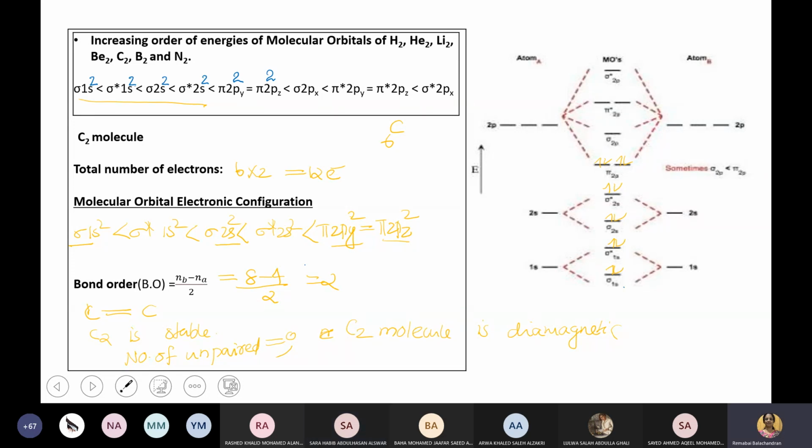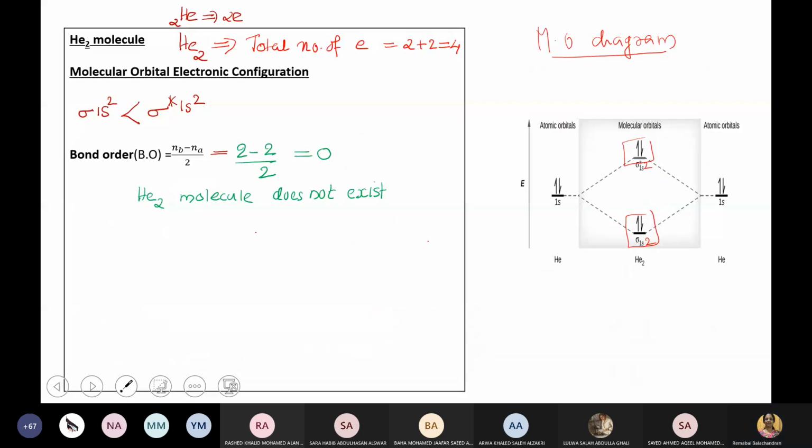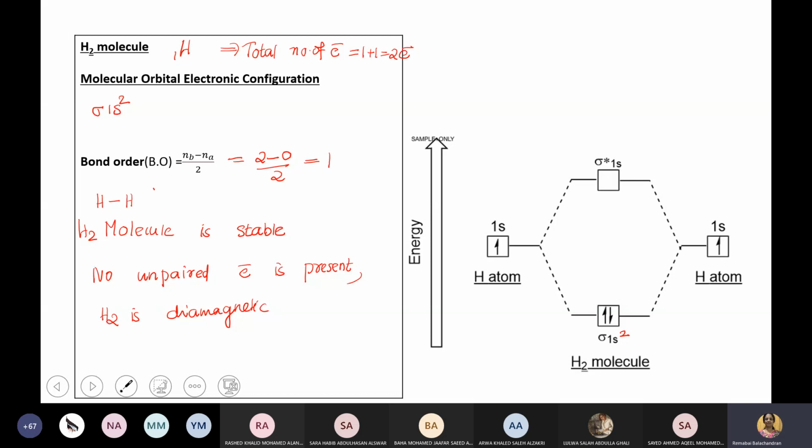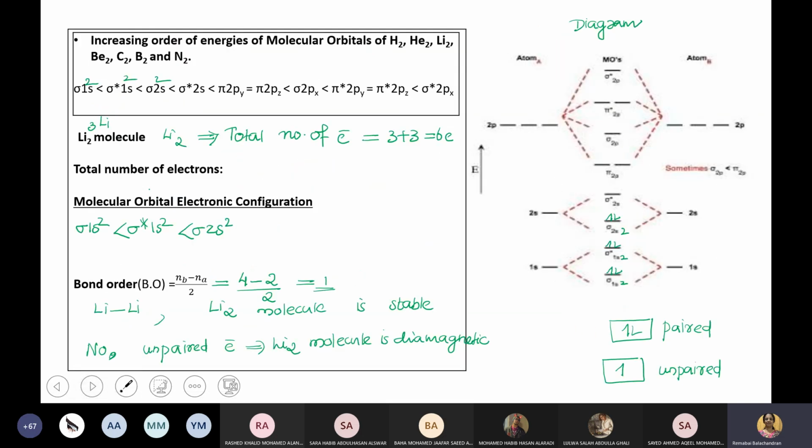We did all this from the beginning, no? How many questions did we do? Look. First one, it's diamagnetic. Why? There is no unpaired electron, all paired. So it's diamagnetic. Second one does not exist. Now this one, here unpaired electron. See, paired is this, unpaired is this.